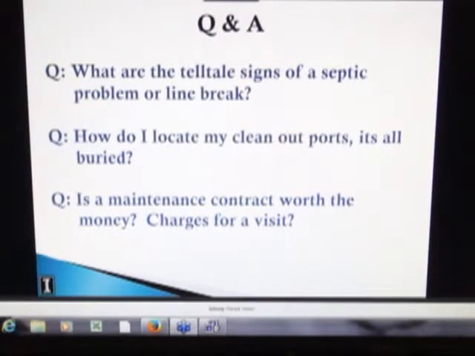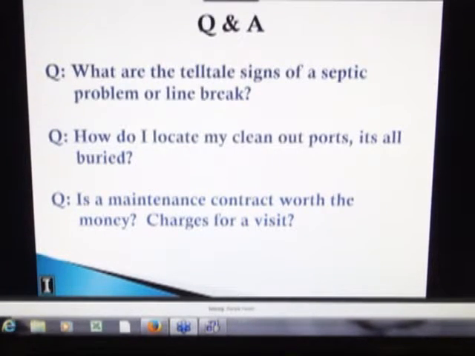In my mind, it's very worth the money, and I know your chart showed for this many people to pump it out this often. But how I explain it to people is, in my local area, we charge $230 to pump a septic tank, and I recommend almost everyone pump out every 2 years.